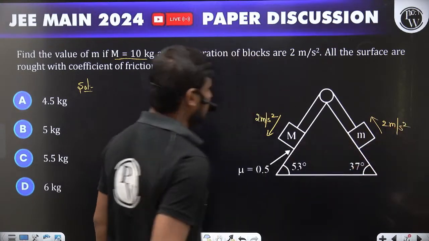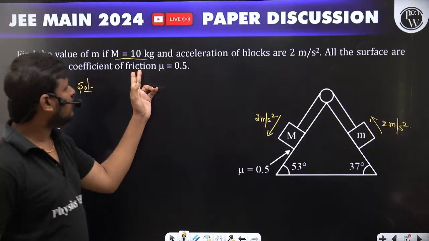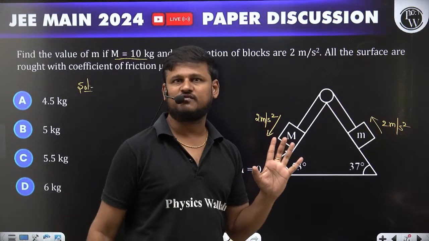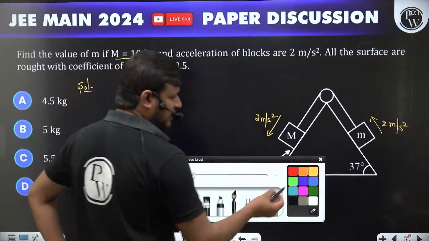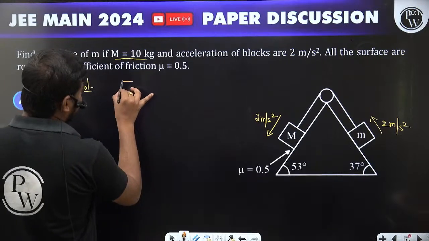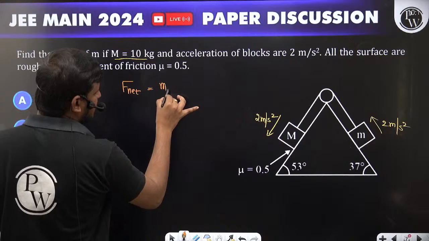The basic understanding. All the surfaces are rough, with coefficient of friction mu equal to 0.5. Fine. So now overall you can write, the F net is equal to the net mass into acceleration.